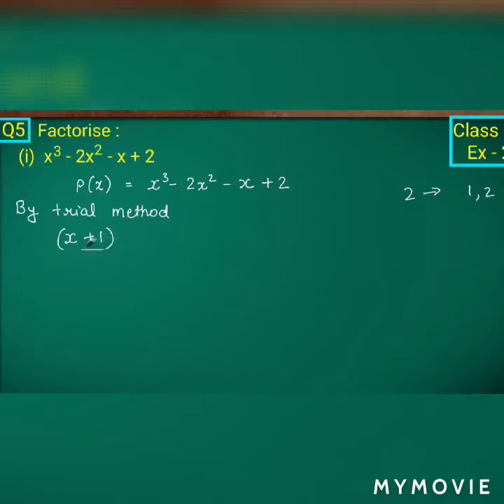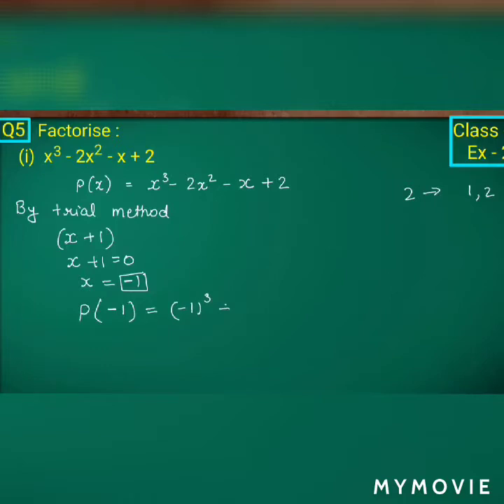The value of x we substitute in p of x, where we get the 0 of the polynomial, then we take that x plus 1 or x minus 1 as g of x. We'll just go for x plus 1 here by trial method, because by the remainder theorem we have to get the 0 of the polynomial.